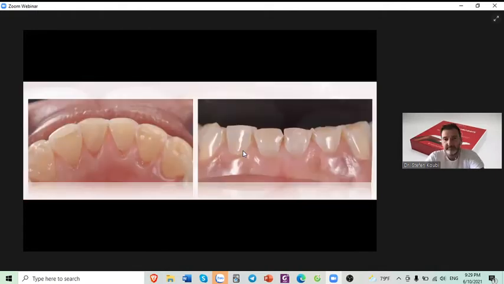So again, if you look at the whole mouth, you can see that she's already affected by a severe wear process.